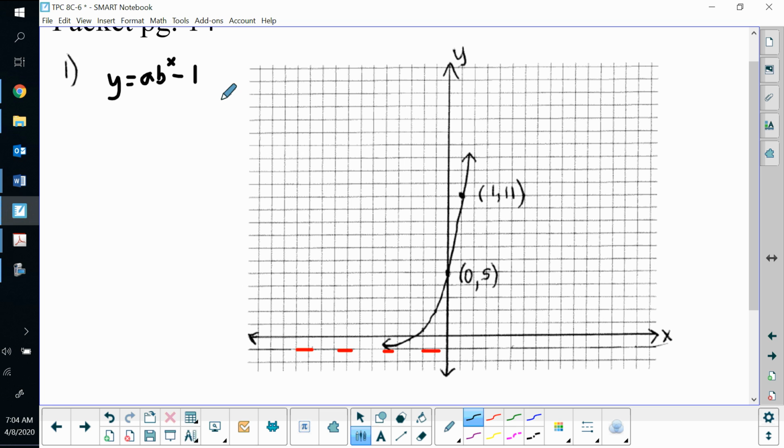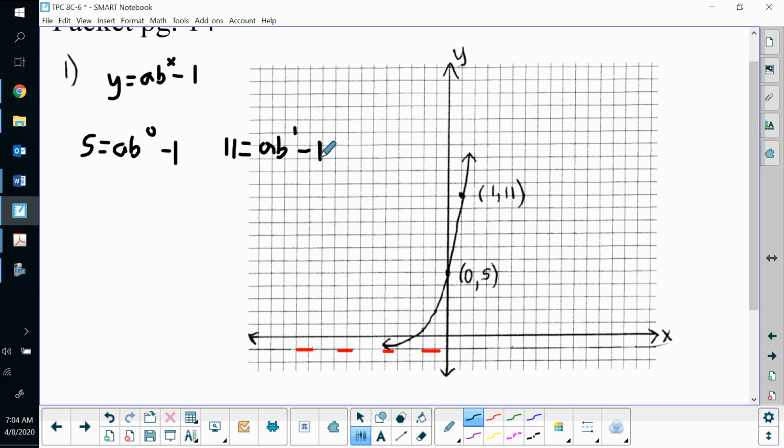So that's the one main new thing, and we'll see there's one difference when we're solving, just one tiny step. So we'll take our x and y values. So we'll have 5 equals a times b to the 0 minus 1. And then we'll have 11 equals a times b to the first minus 1.